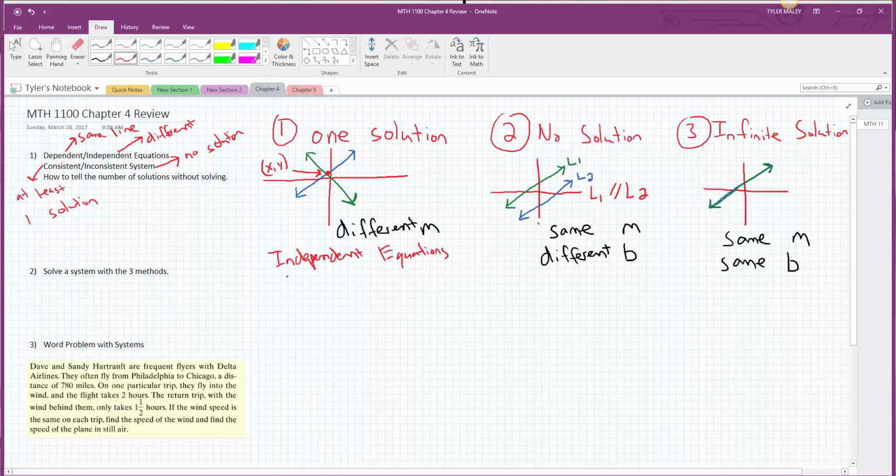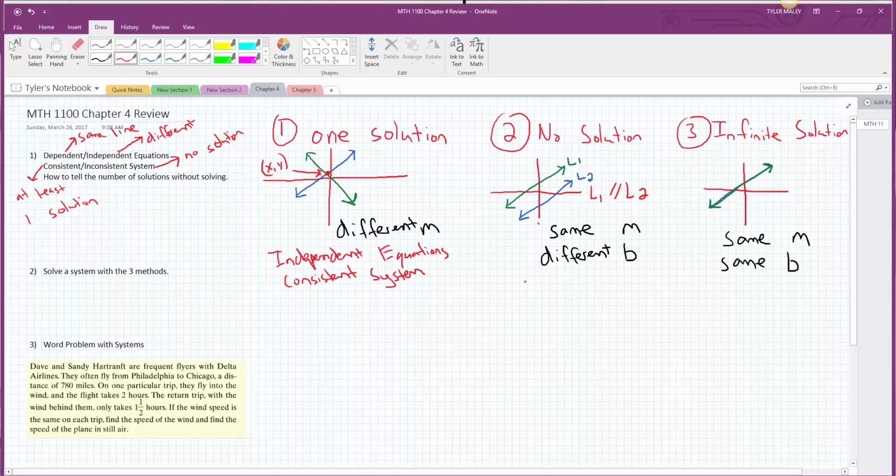And I would say that this is a consistent system, because I have at least one solution, right? So notice that we're only using one or the other. So we say dependent or independent, or consistent or inconsistent. So we can pick one of these terms from each row here to describe the system.